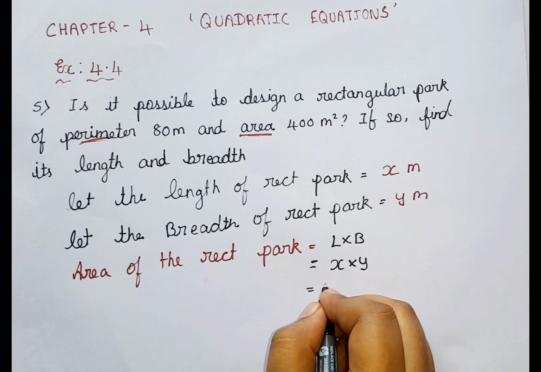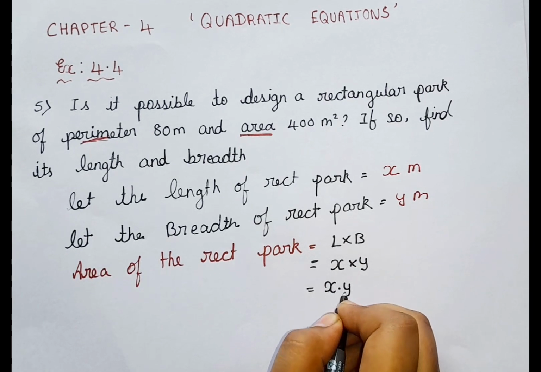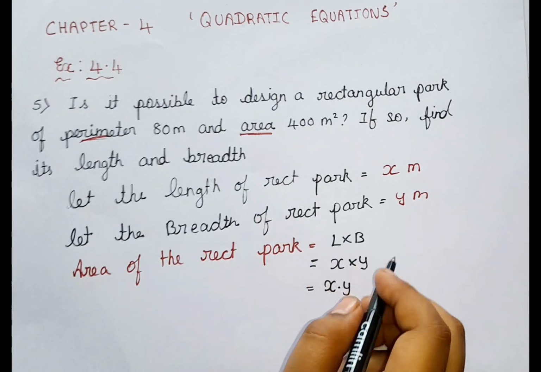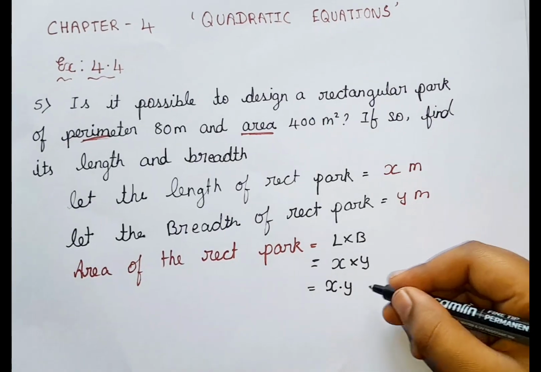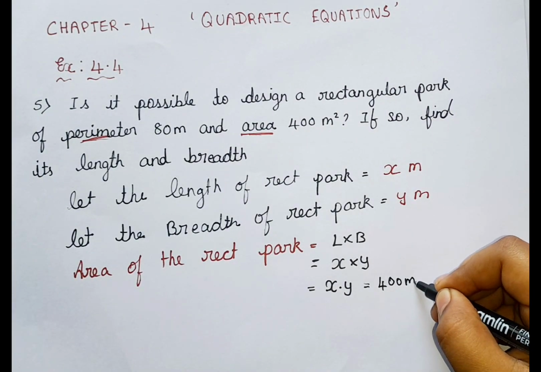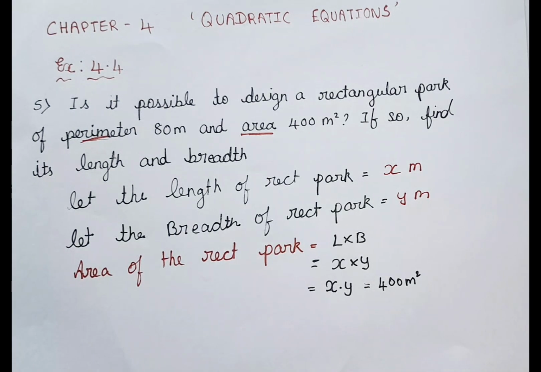You can also write x dot y, which means x into y. The area is 400 meters square, so x into y is equal to 400 meters square, because they mentioned the area is 400 meters square.